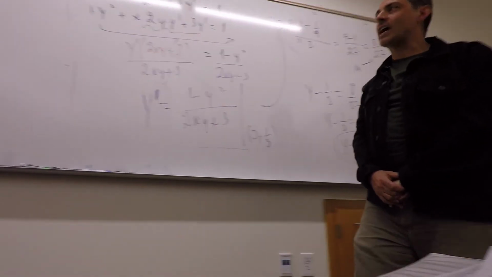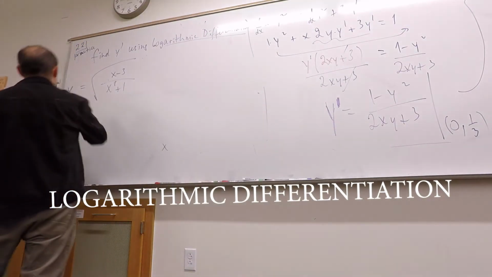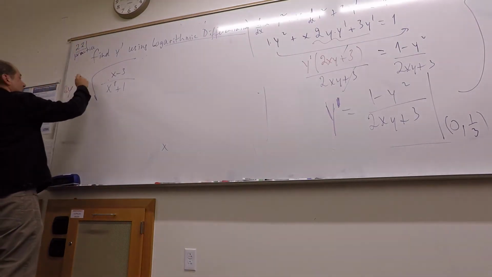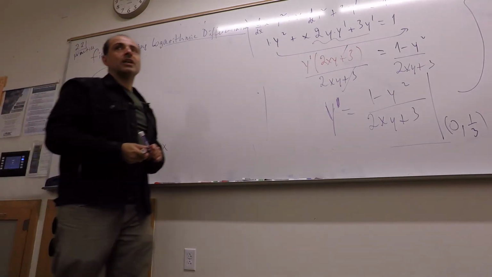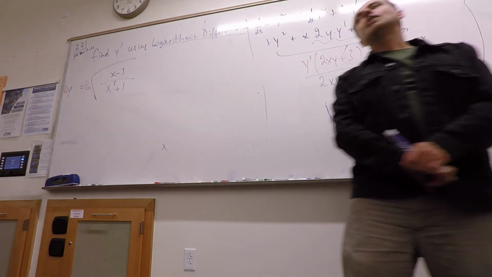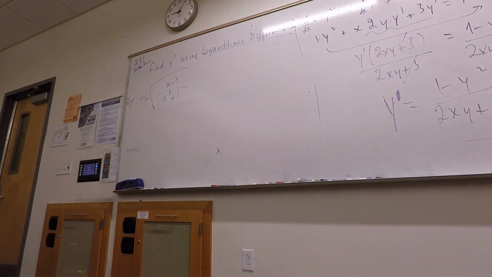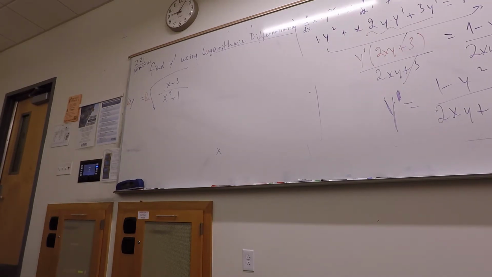First step of logarithmic differentiation: take ln on both sides. Then do I take the derivative? No. Use rules. The second step is to apply all the possible rules for logs to simplify the right side.